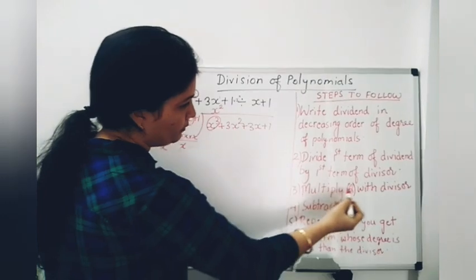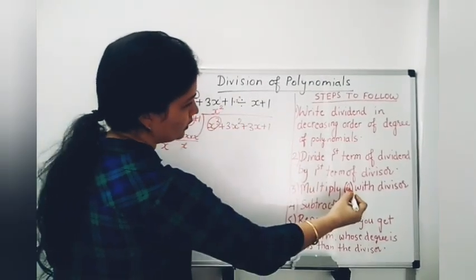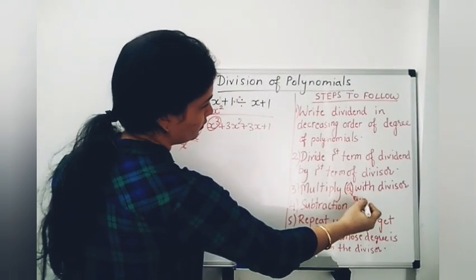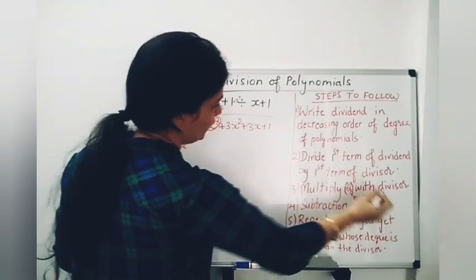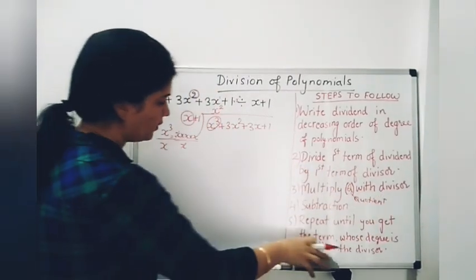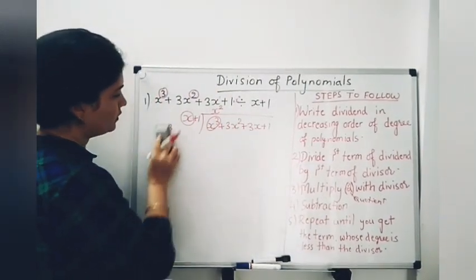Now what we need to do is multiply the quotient, q for quotient, with the divisor.